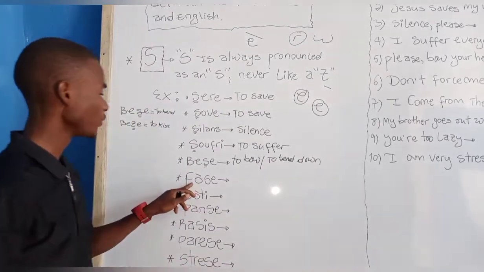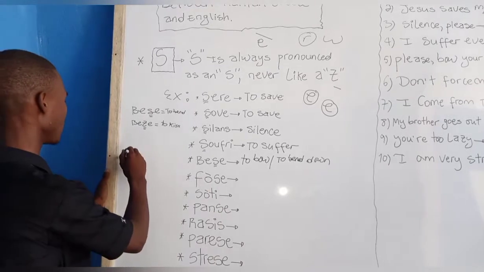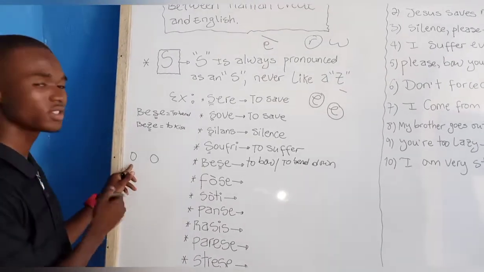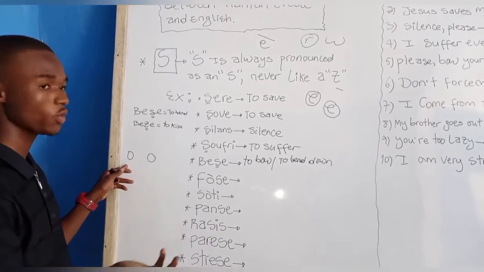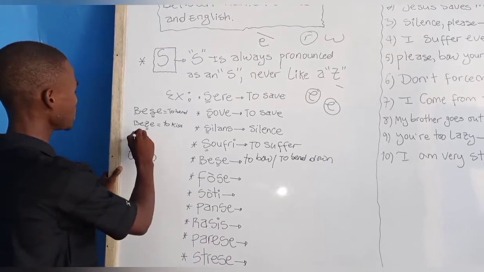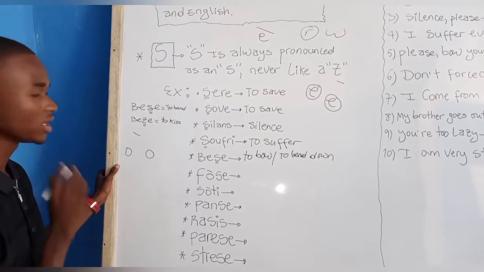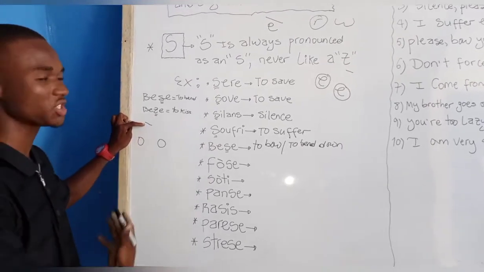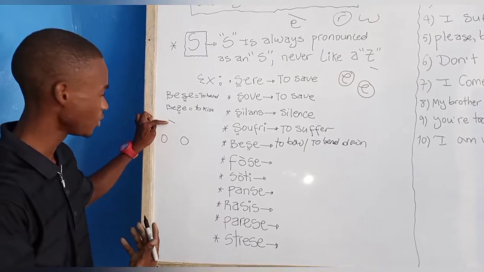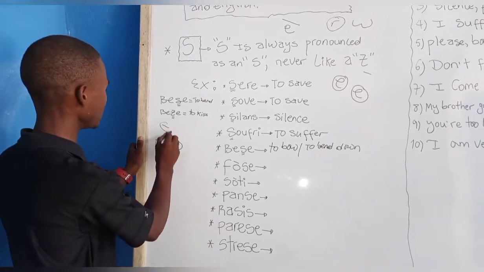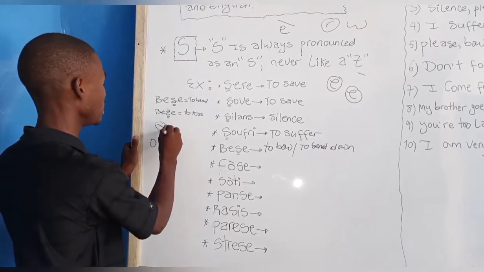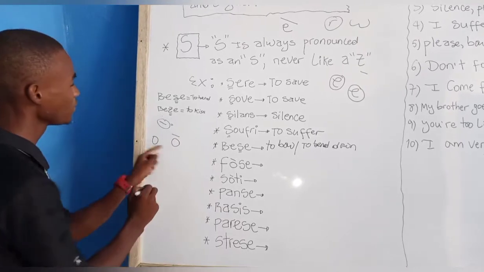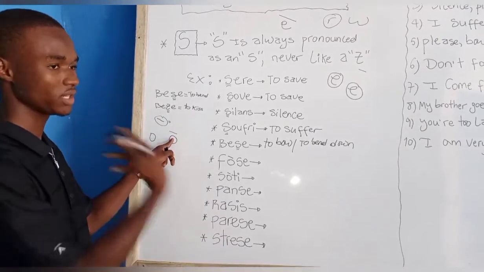Here we have forcer. Okay, I would like to remind you of this letter. So this is normally O in English. But when we use the grave accent mark on the top of this letter, this grave accent mark actually changes the pronunciation of the letter O. When we put it here on the top of the O, the pronunciation is changed.